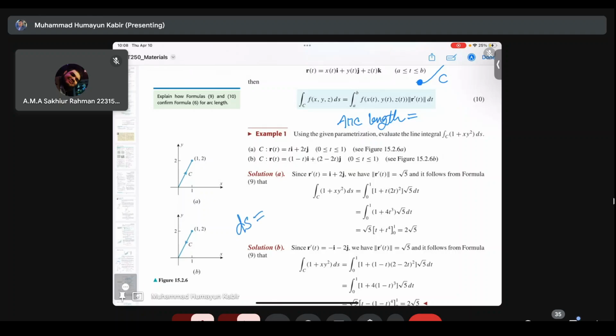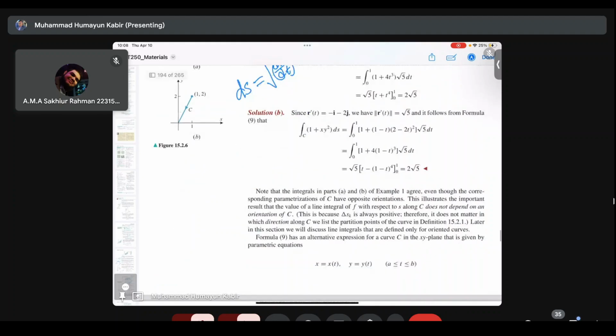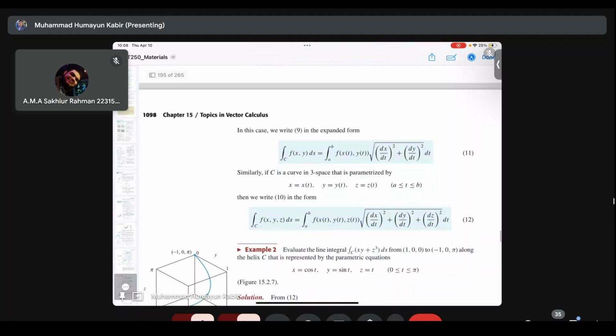You can use the arc length. So square root of something like this, dt.